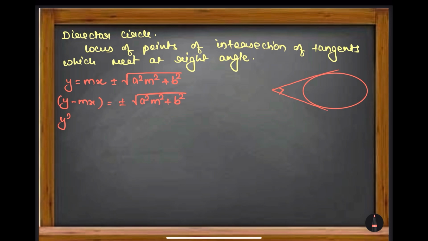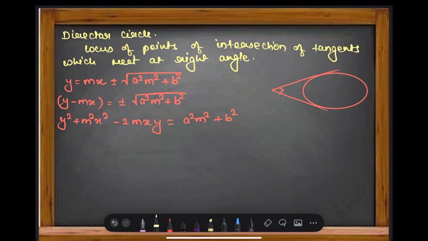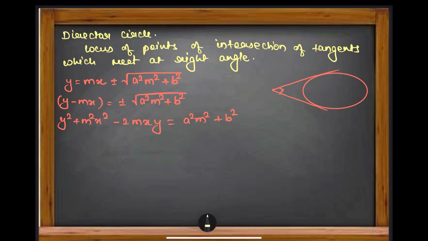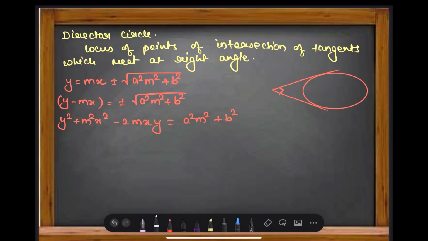So we will have a square plus b square minus 2ab equals a square m square b square. Correct? Now try to write a quadratic in m.